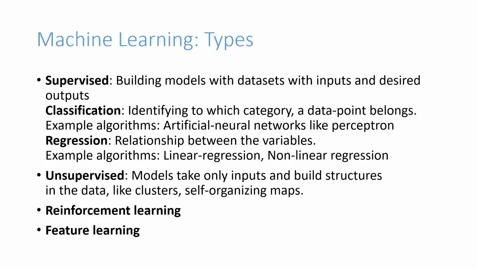In classification problems, we build models which will be able to distinguish between categories of data points, like artificial neural networks built using perceptrons. In regression problems, we deal with relationships between variables, like how an independent variable gives rise to a dependent variable.